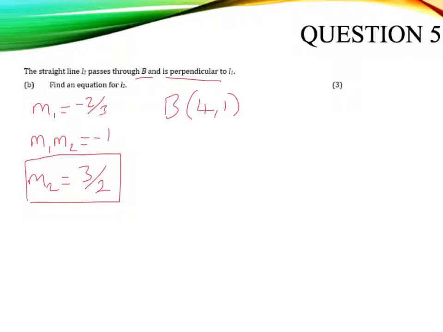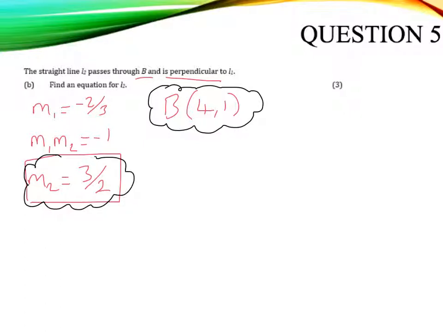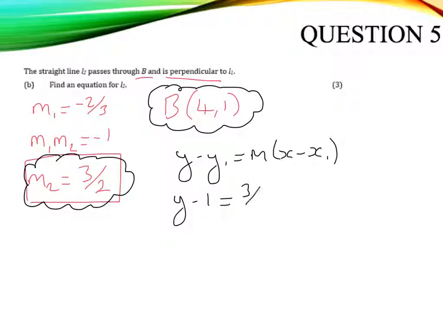So again, I've now got enough information with a point and the gradient to be able to use y minus y1 equals m(x minus x1). So y minus 1 equals 3/2 (x minus 4).